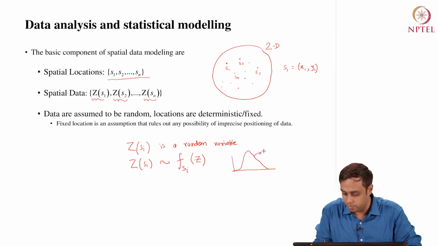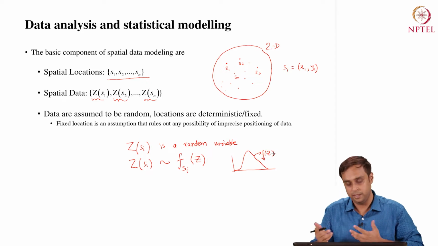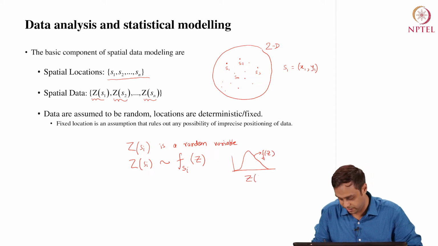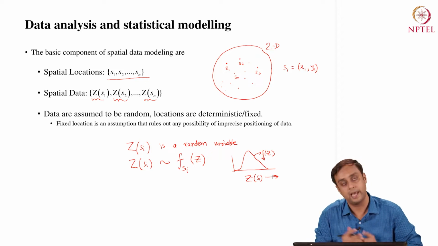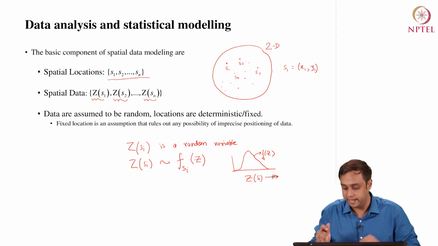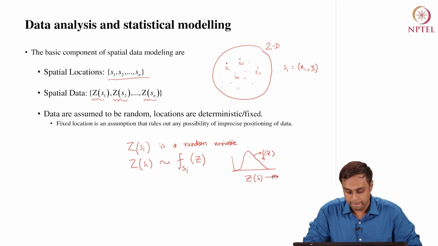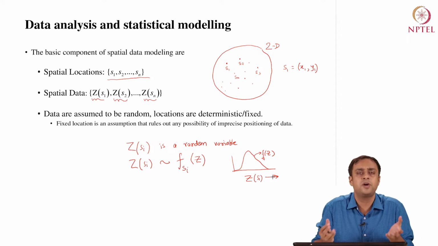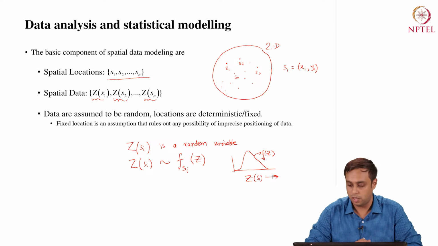So there will be a probability distribution at Si, which will determine the values that z(Si) can take that we mark on the x-axis. Again, we will look at these things with much more detail going forward. Okay, and Si is one of the locations that are there in my two-dimensional space that I am concerned about.